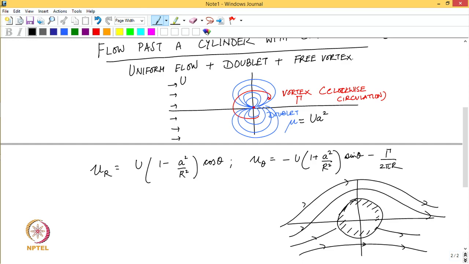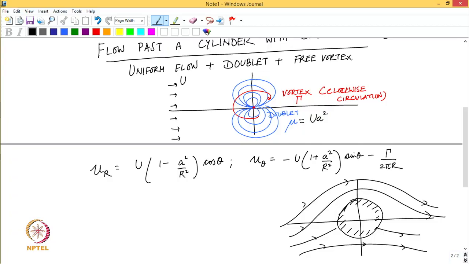Now, to calculate force on this cylinder, as I said, we will do two methods. One is integration of the pressure over the cylinder, that would give us a force on this object. What I need to do is to calculate first the pressure distribution. So, to calculate the pressure distribution, let us first derive the velocity variation on the surface of the cylinder. Note that this cylinder has a radius a.